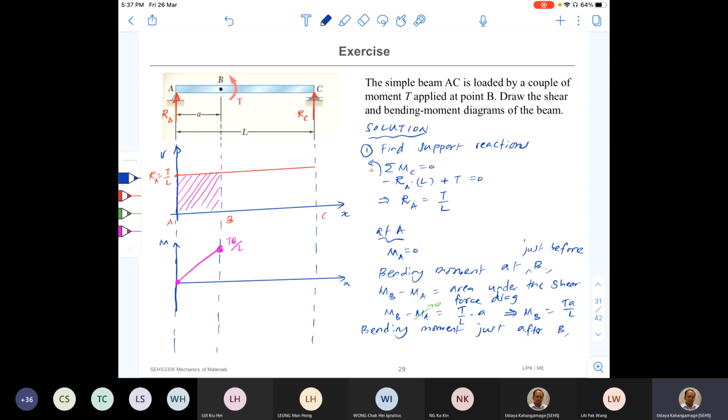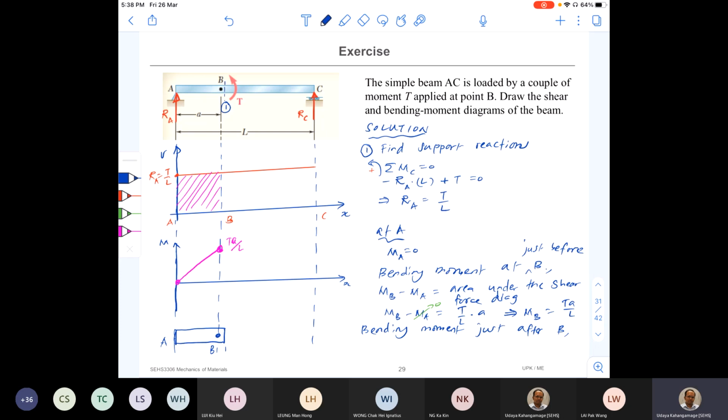We'll use our knowledge about the method of sections. We cut this beam just after B and draw a free body diagram. I'm going to draw a free body diagram because this is a new concept, and I want to understand how it works. If the point I cut is 1, this is just after B. So B is here. This is B.